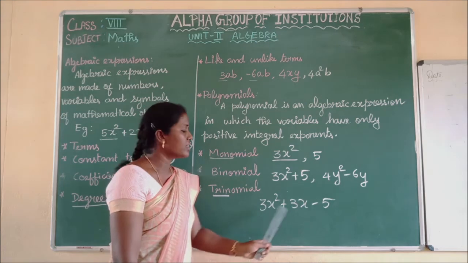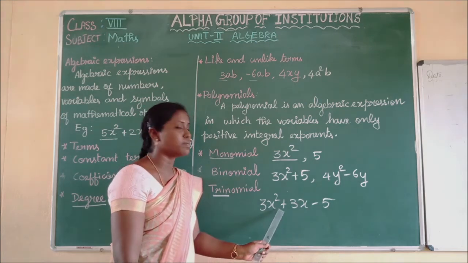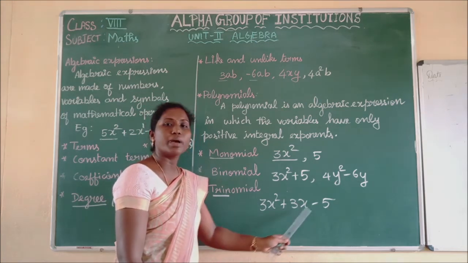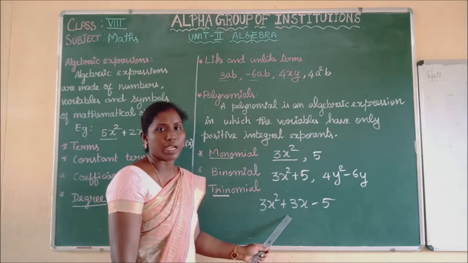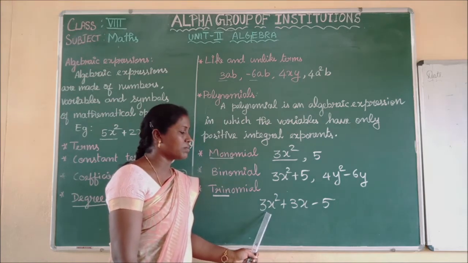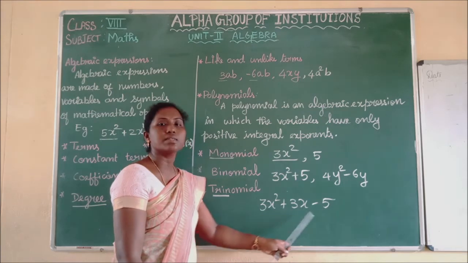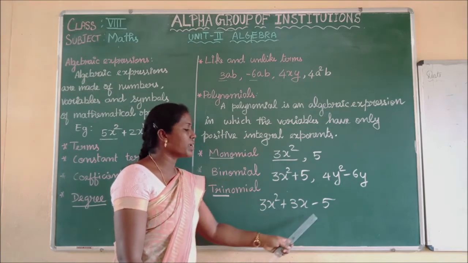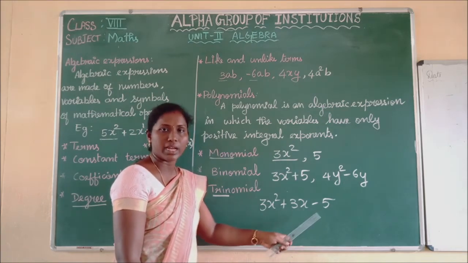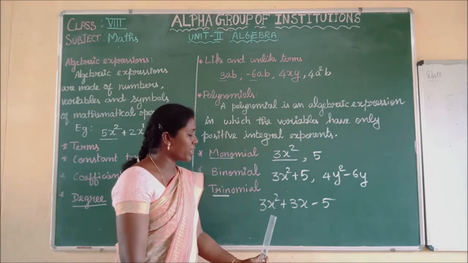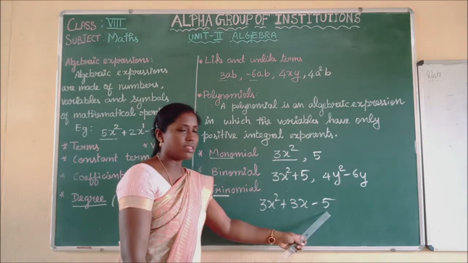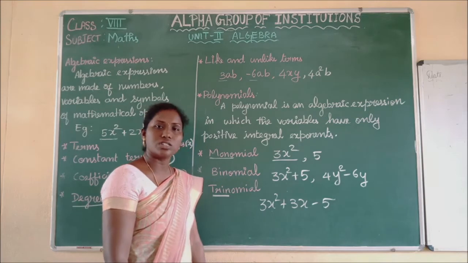We have 3 terms. I told that terms are separated by a mathematical operation plus or minus. So here we have the first term 3x squared, plus 3x, minus 5, separated by plus and minus. So it is easy to count the terms. How many terms are there? 1, 2, 3. So this is called a trinomial.